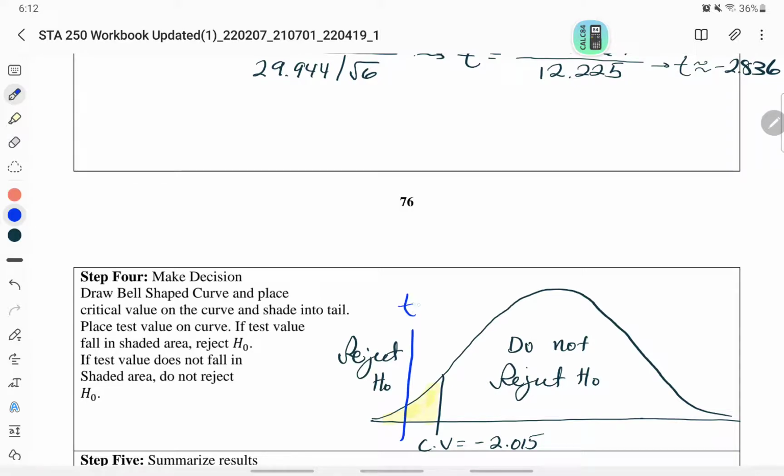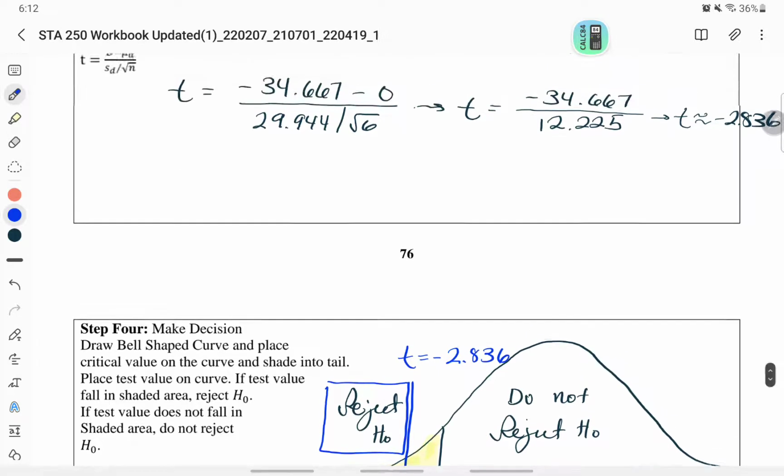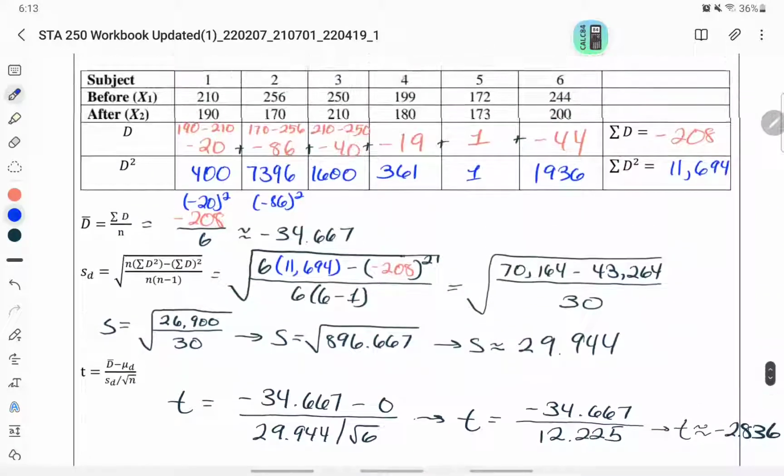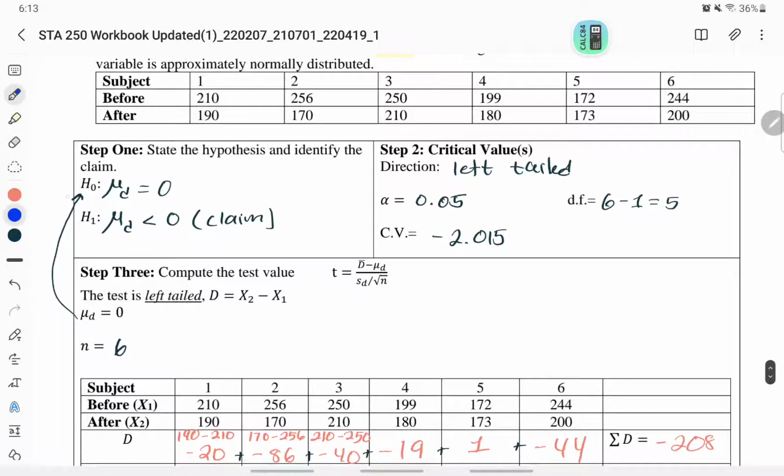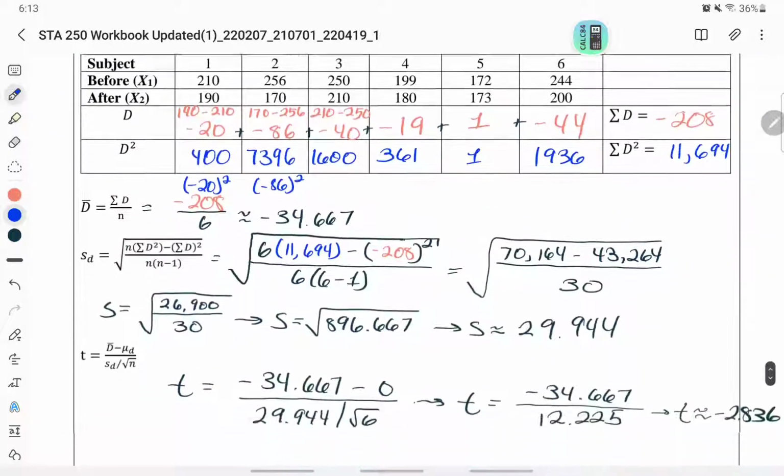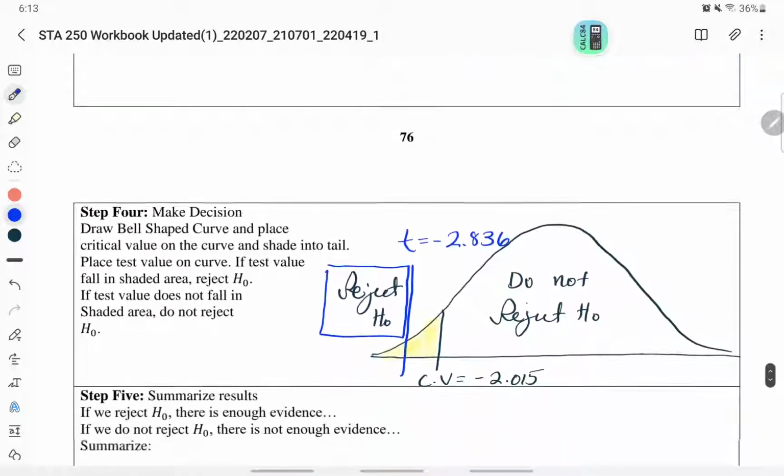It is more negative than negative 2.015. And because it falls in the shaded area, we're going to reject the null hypothesis, which means we have to take the claim. There is enough evidence to support our claim.